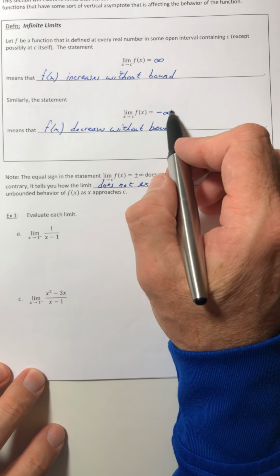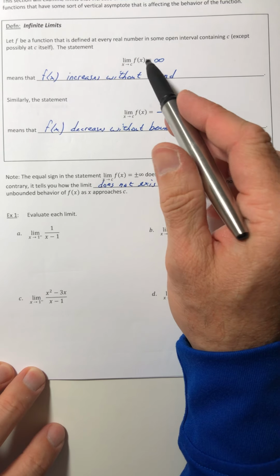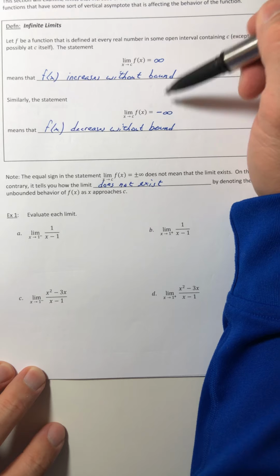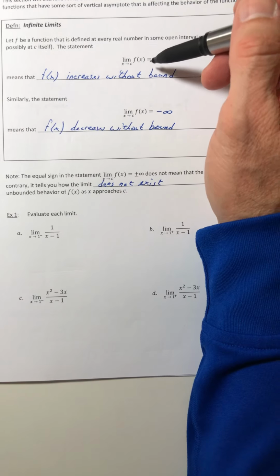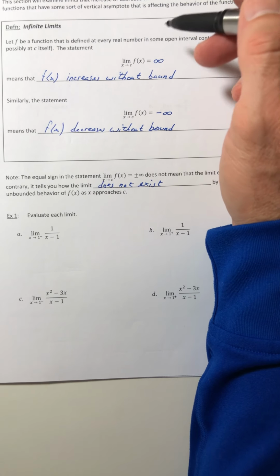These are still technically DNEs, but it's saying how they are a DNE. It's answering the question, well, what's happening? Infinity is not a value, so if the function is not approaching a value, then the limit does not exist.